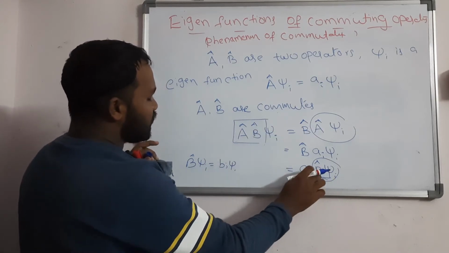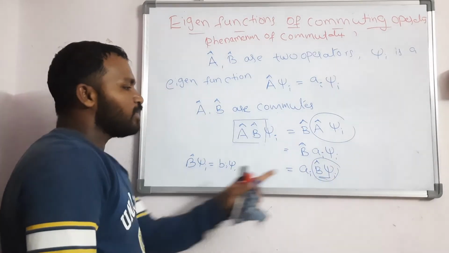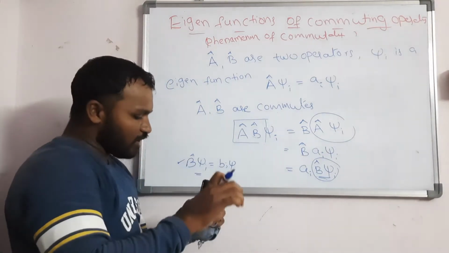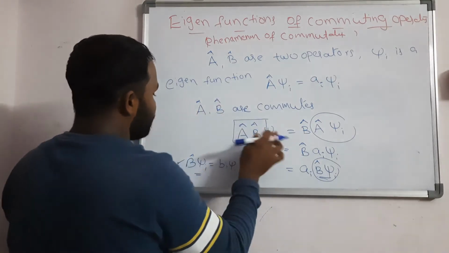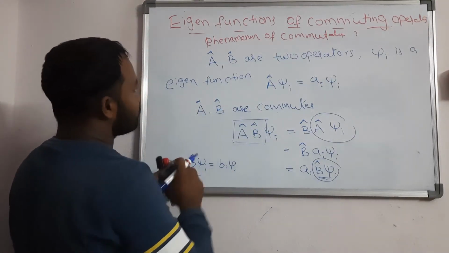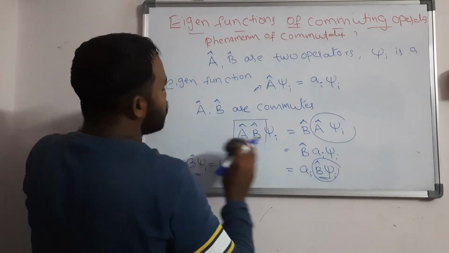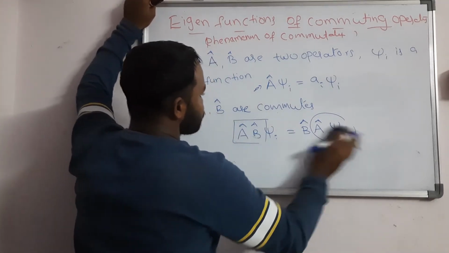So you can say this B cap also commutes with the A cap operator when this condition is satisfied. We will prove by taking A cap B cap and B cap A cap values. First we will take this value and then this value, then we will prove whether they commute or not.